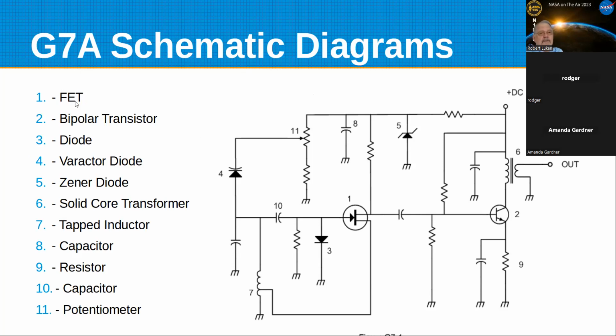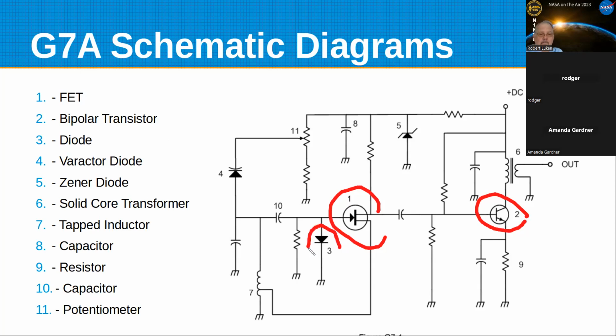And number one is a field effect transistor. Then number two is a bipolar transistor. Three is a diode.